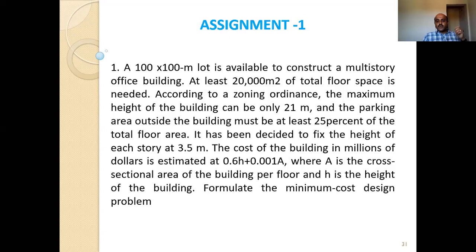It has been decided to fix the height of each story at 3.5 meters.